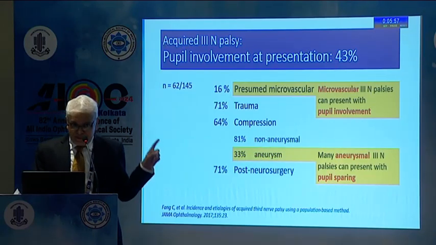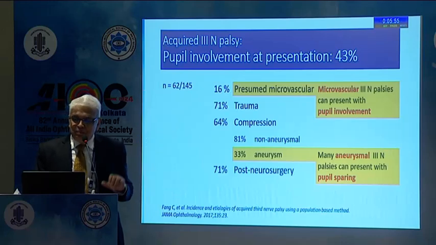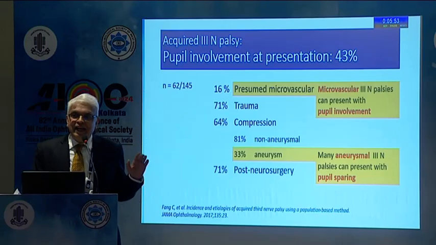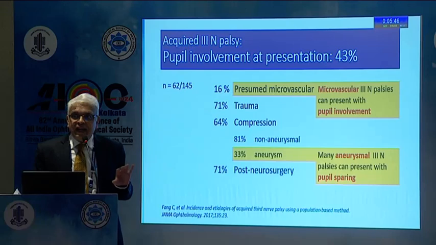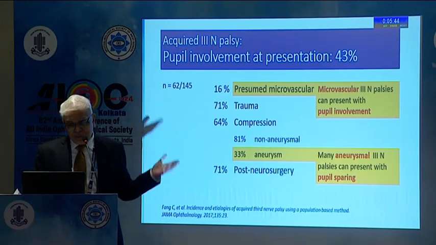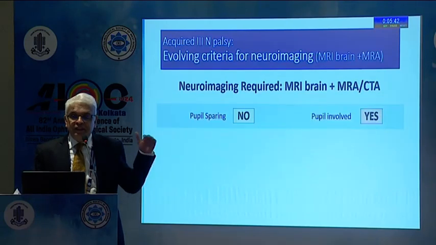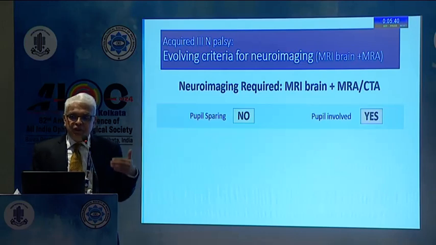I don't have that particular slide, this is another one. This is something you have to be very aware about. So things are not as clear cut as we learnt them maybe 30 years ago. Their criteria for imaging for third nerve palsy has changed over time.